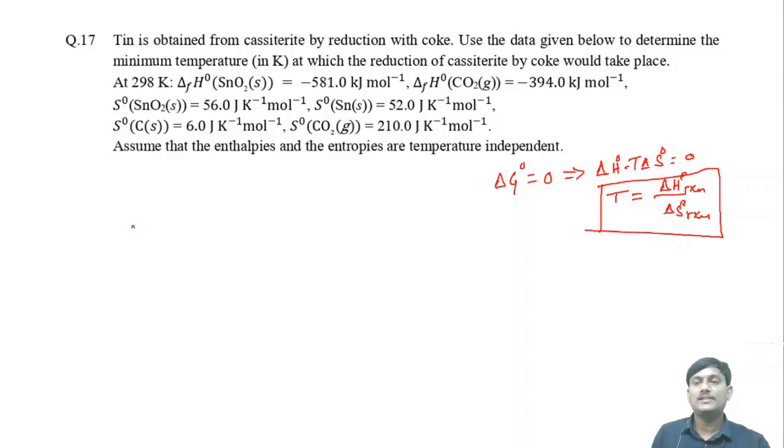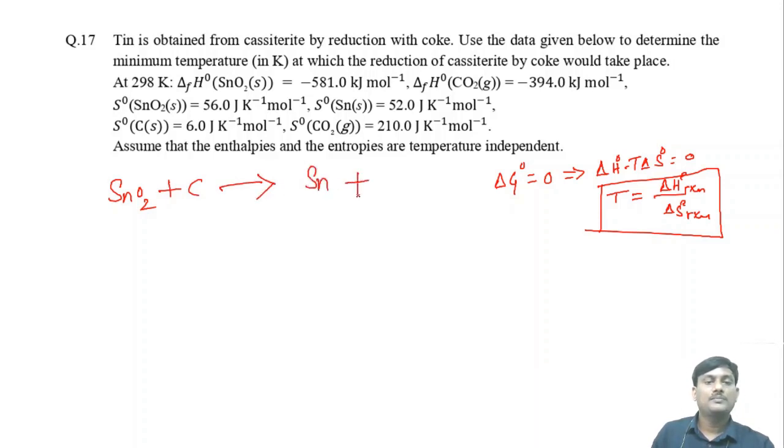You have to calculate delta H naught reaction and delta S naught reaction. What is the reaction? The reaction is SnO2 plus coke gives Sn plus CO2, at standard state.